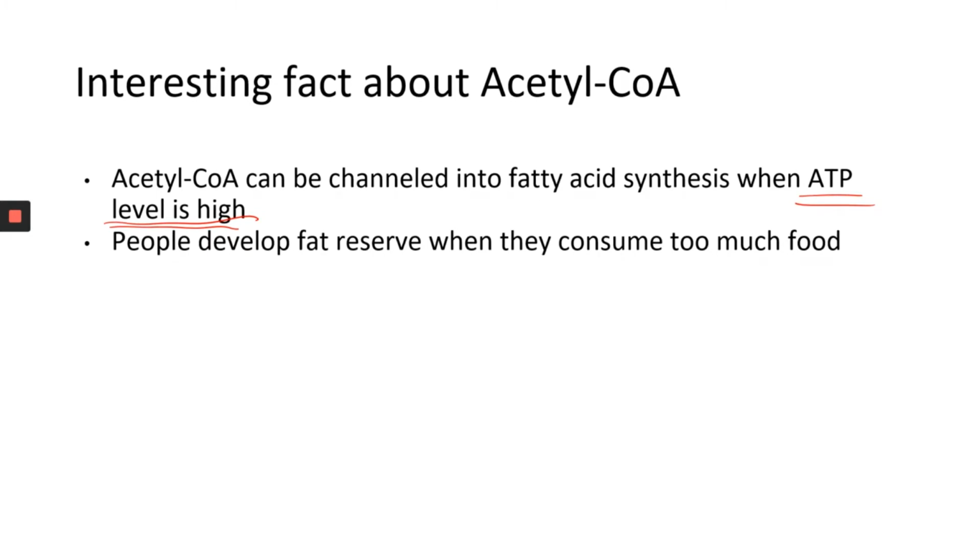Then acetyl-CoA can be channeled into fatty acid synthesis, which means instead of making ATP, your body is going to make fatty acids. Basically, it makes fat. So this is why you gain weight when you eat a lot of food, because that excess food will be channeled into fatty acid synthesis.